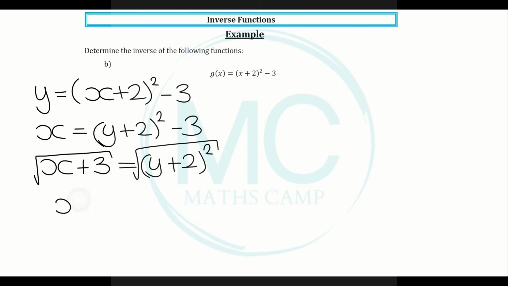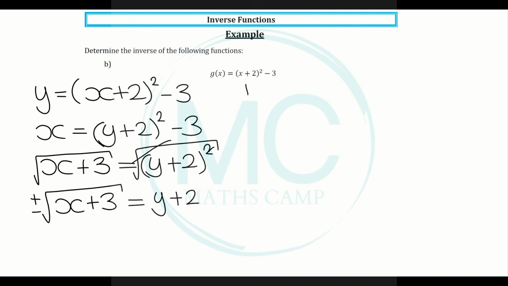Now we have x plus 3 under a square root. Keep in mind that when we are square rooting, we need to consider the positive and negative root. So we say positive or negative is equal to, on the right, the square and the root will cancel, and we get y plus 2. Now we can move 2 to the left.